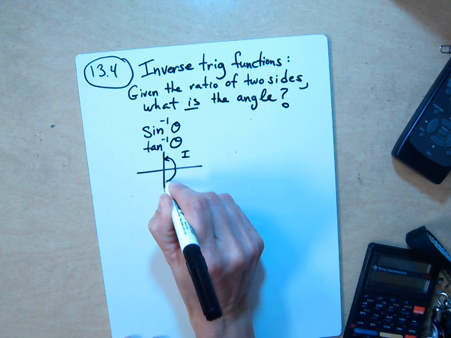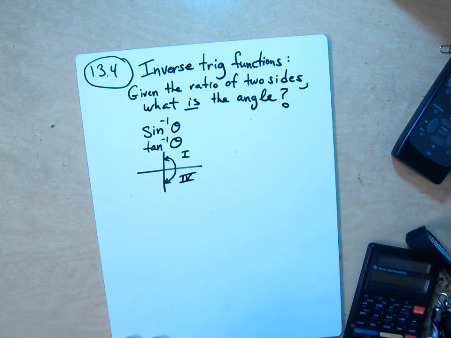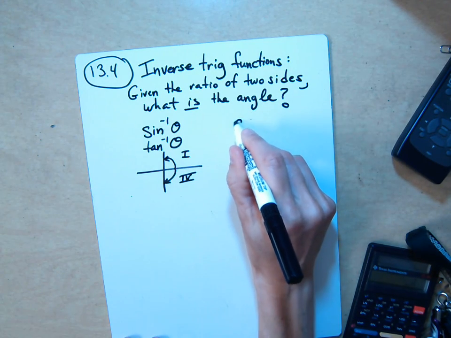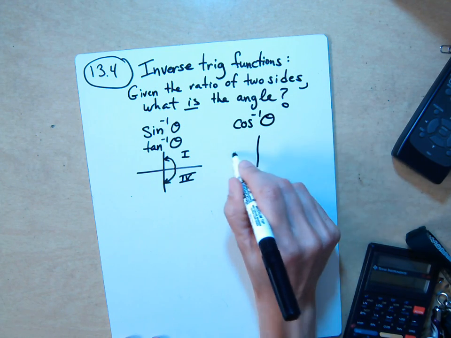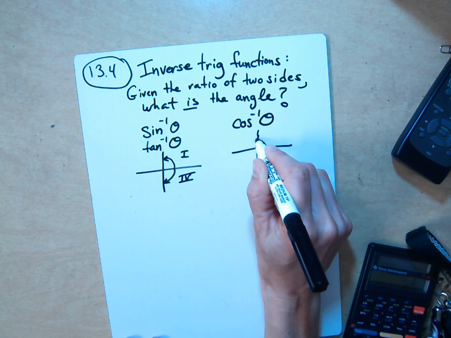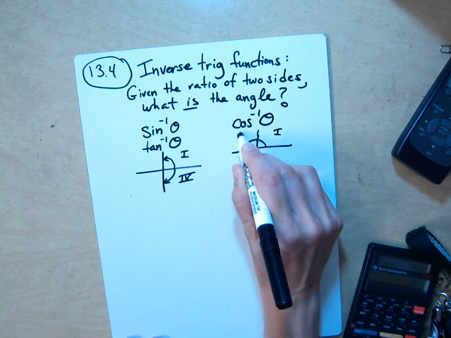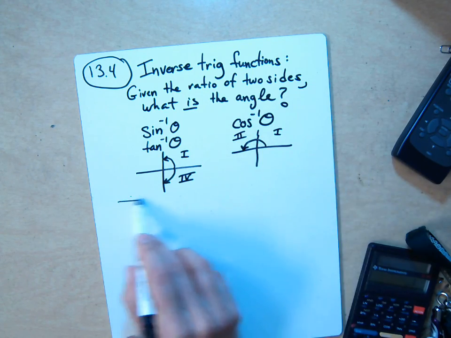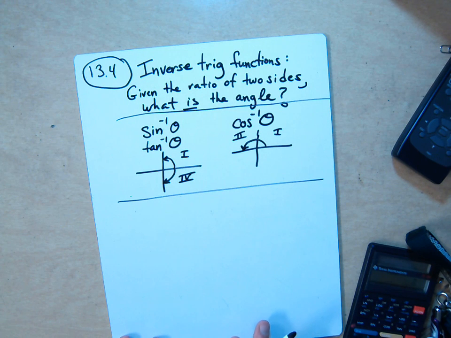That is not something you'll memorize in this class; I would tell you, or you'll have it on a little cheat sheet. And then the cosine is only defined in quadrant 1 and 2, and you'll understand better why in the next unit. So right now, don't worry about why. That's just the way it is. You'd be given those things.